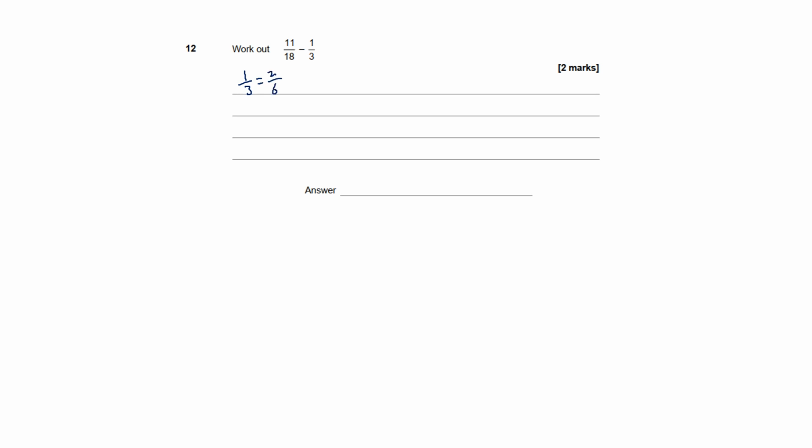If you times 1/3 top and bottom by 3, you get 3/9. And if you keep following that pattern, you get 4/12, you get 5/15, and you get 6/18. And 18 is the same as this number here.